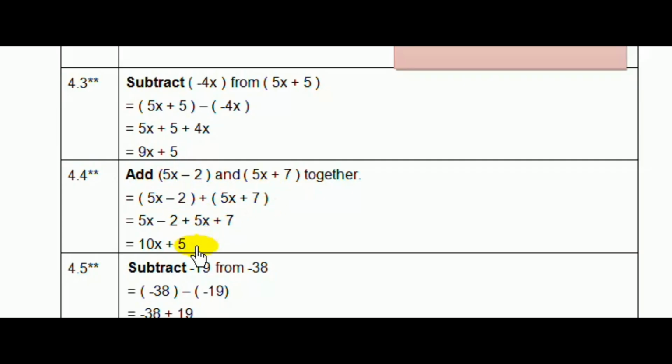You should get the same answer. It's the minus, the subtraction, that you have got to be very careful with. So just put a plus sign in between these two brackets, get rid of the brackets, and add those that are of the same kind. 4.3 and 4.4.